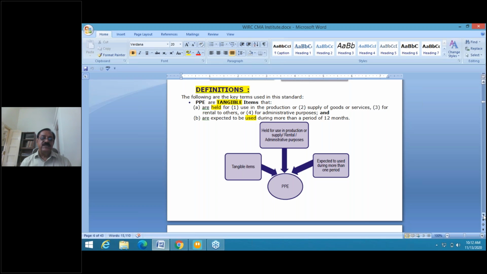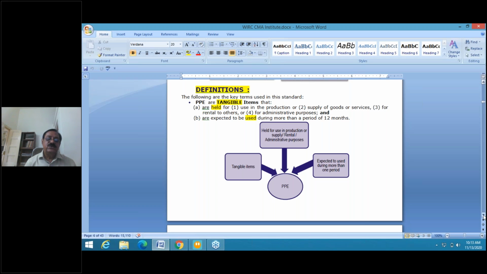If any one or more of four uses of these tangible assets is fulfilled, then it is considered as PPE. One, these tangible assets must be held by the enterprise for use in production or manufacturing purpose. If they are used so, they are covered under this AS. Similarly, for supply of goods or services, if they are meant for supplying goods or services, then they are considered here.